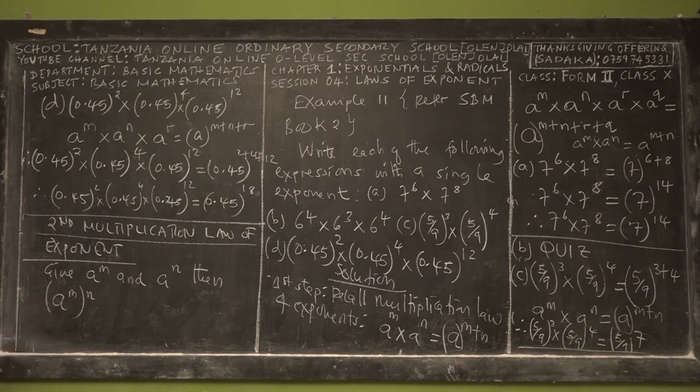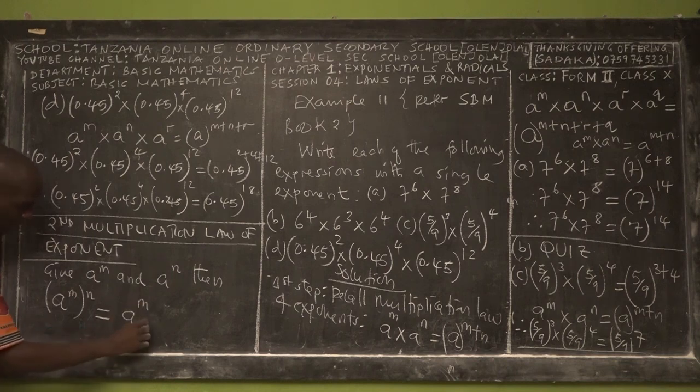For example, 4 power 3 in brackets, power 4. How are we going to deal with this? The law states that if you have a power m, and outside of the bracket another exponent n, then this is not a power m multiplied by a power n.